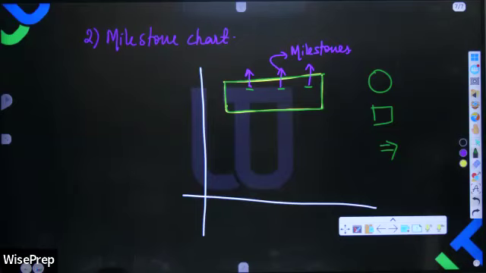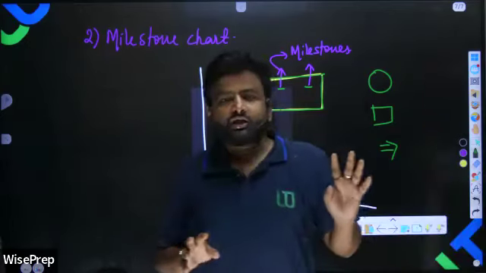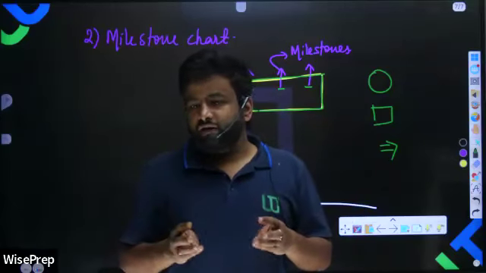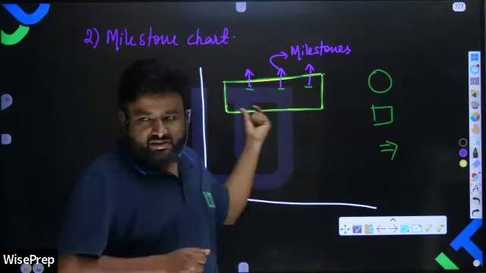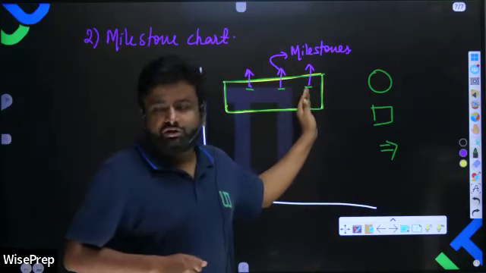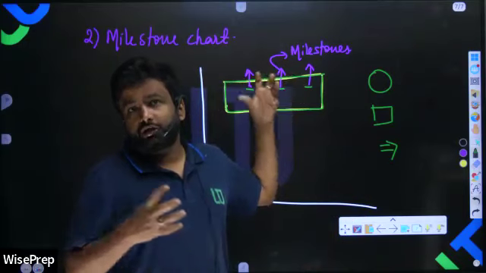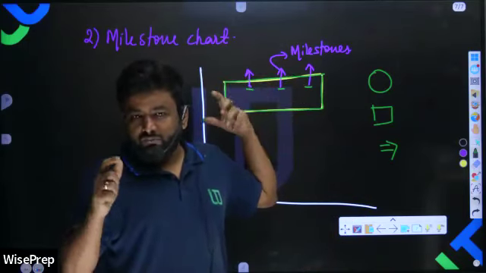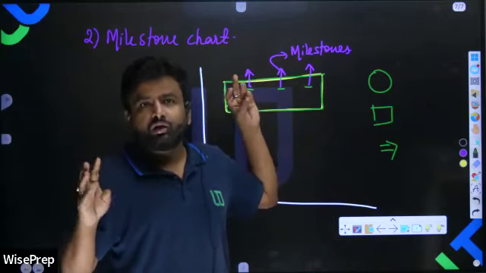If I'm saying the limitations of milestone chart, what we can say? Here the events are in chronological order, but not in logical sequence. Here the logical sequence is not clear. I will give you an example also, don't worry.